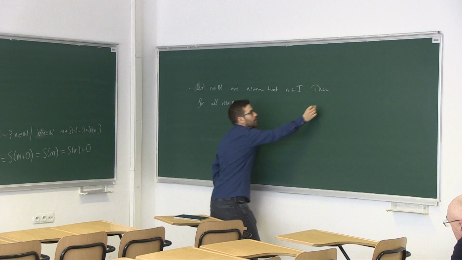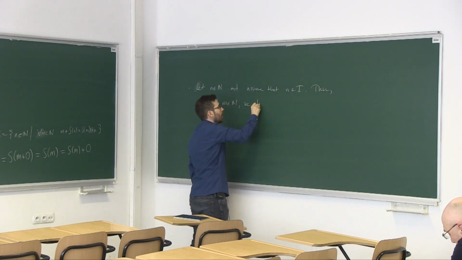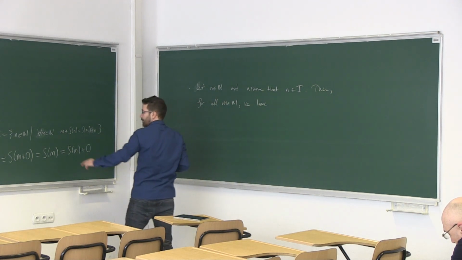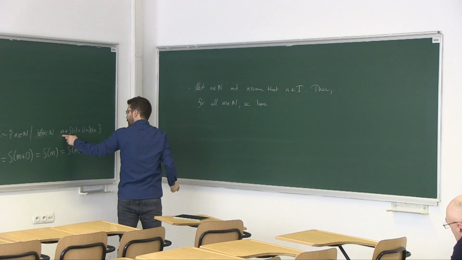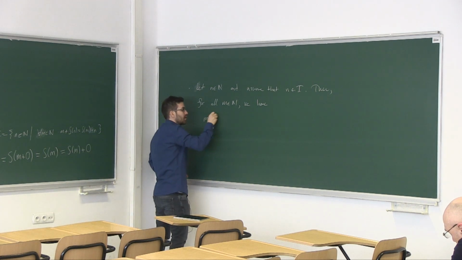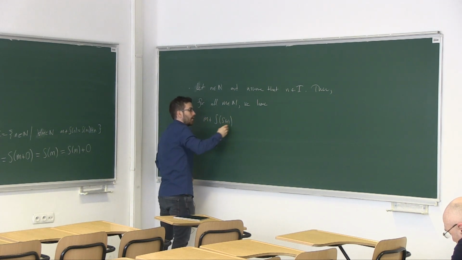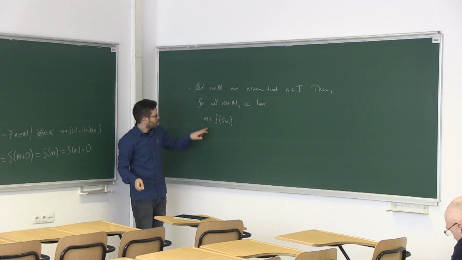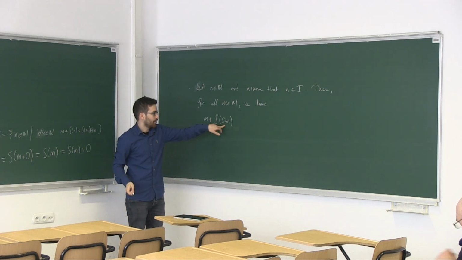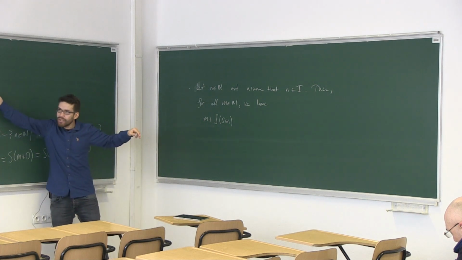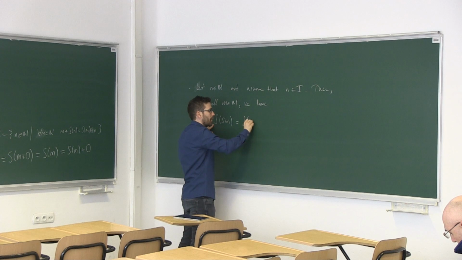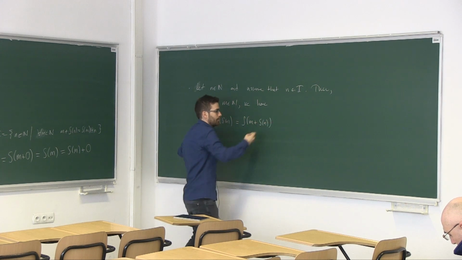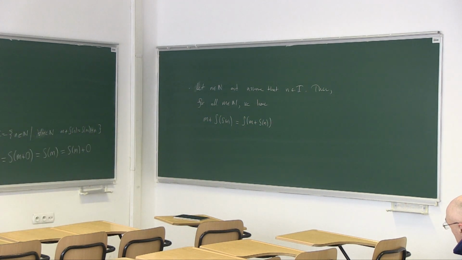Then, for all m in N, we want to check that this equality holds for every m. So let's pick some m, and let's plug in s of n for n. So I have m plus s of n. Now, by the definition of addition, this is the same as the successor of m plus n. Now let me grab some chalk from here.